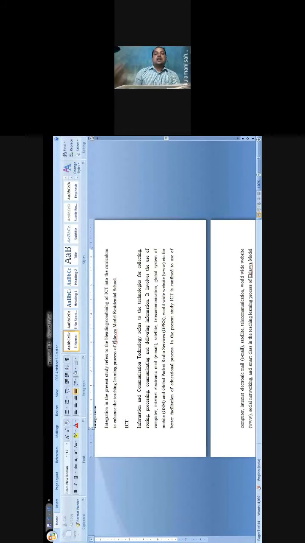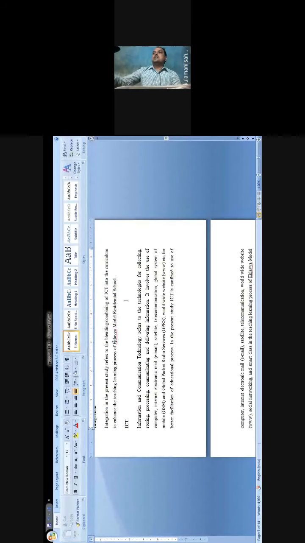Elementary school students generally refers to classes 1 to 8, but in this study elementary school student is referred as students studying in class 8 only.